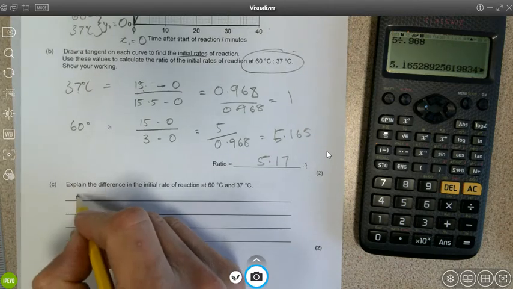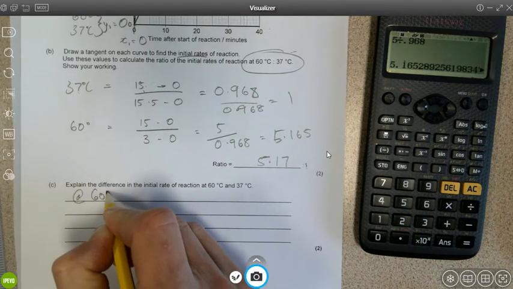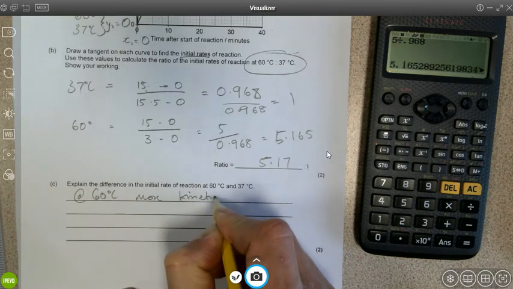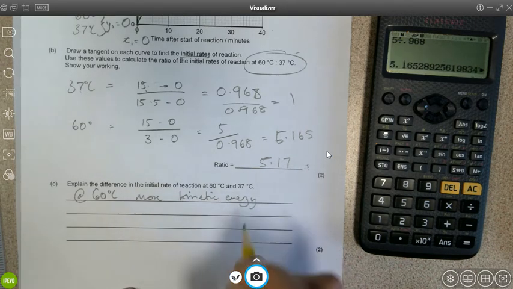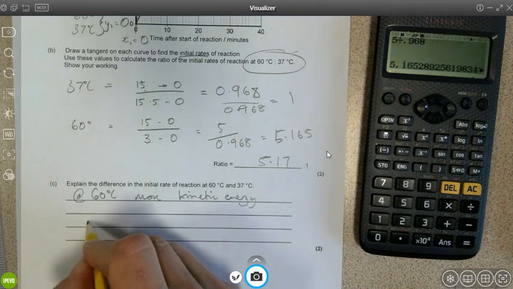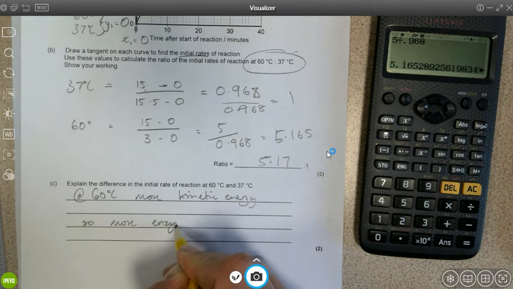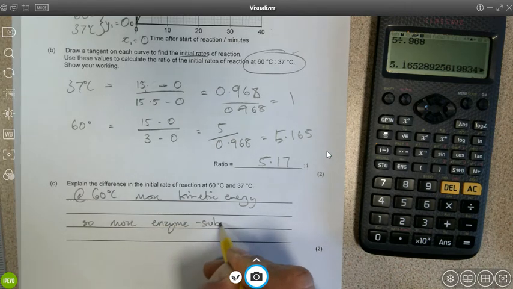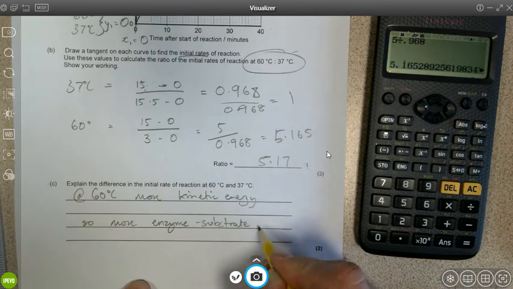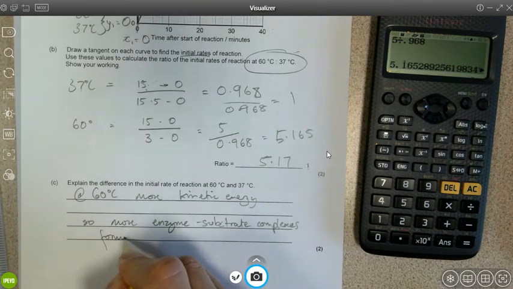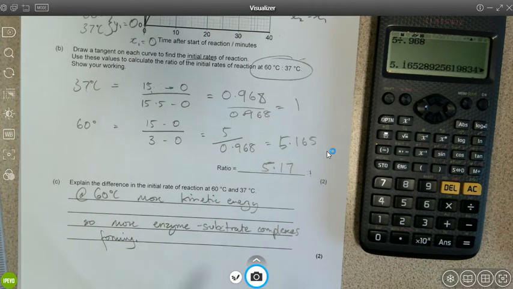Well, at 60 degrees, there will be more kinetic energy, and therefore there will be more enzyme substrate complexes forming. As more enzyme substrate complexes form per unit time, that means the rate will be quicker.